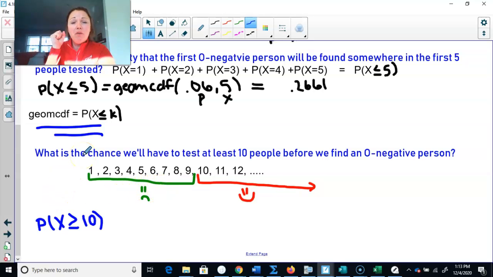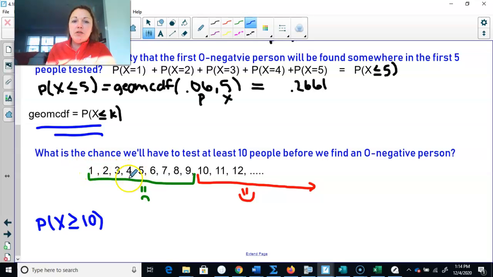I want to very firmly suggest, with conviction here, anytime you have a cumulative, write it out like we did here. What do we want? What do we not want? It really helps when we have a greater than or equal to or a greater than.